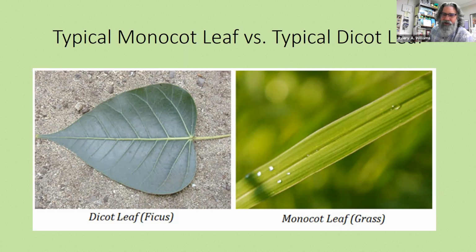And so here we try to generalize it the best we can. And so here I have a typical, quote, typical monocot leaf versus a typical dicot leaf. And actually, there should be kind of reverse because this is the monocot, this is the dicot. But what makes monocot, dicot, if you look at the leaves?